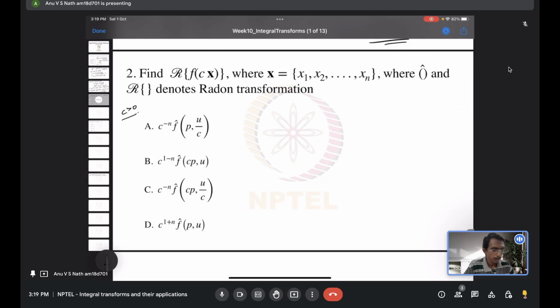I will wait for a moment, and if you find the answer, you can just comment in the chat box, or you can unmute and tell yourself. Then I will explain how we can do this. The hint is that you can use any one of the basic definitions of the Radon transform and then modify it accordingly. So you will end up with some answer.